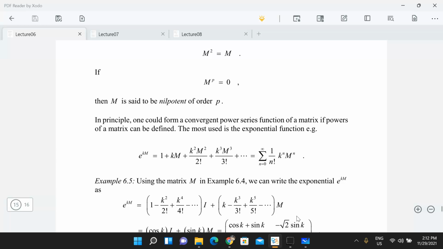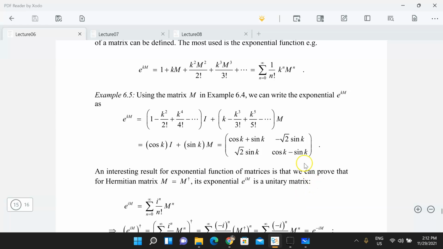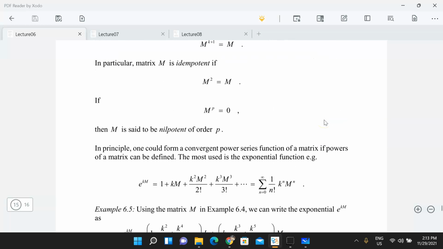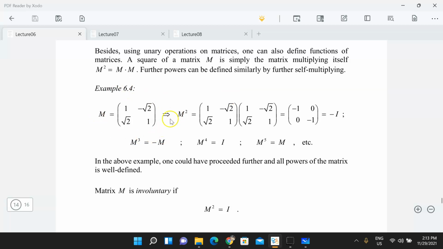The most common one being used inside physics is essentially your exponential. So I believe we have gone through this example of exponential km, where m was your previous matrix that was given earlier, this particular m.